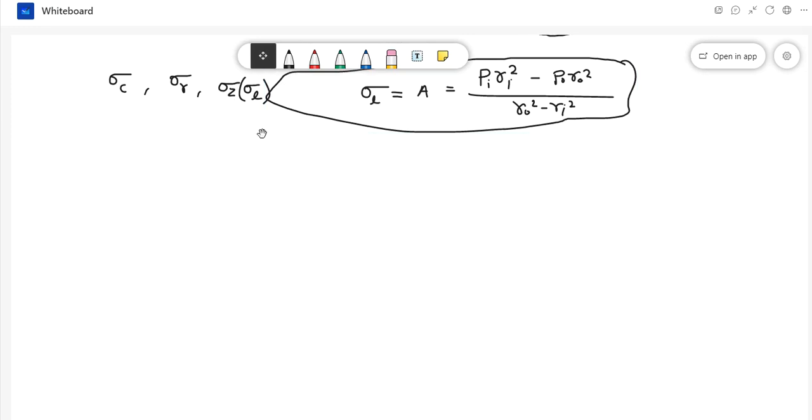Now there can be so many variations. Sometimes Pi can be 0, sometimes P outer can be 0, and that type of variation will be there in the numerical problem. So in the next class we will solve one problem based on this theory whatever we have covered.